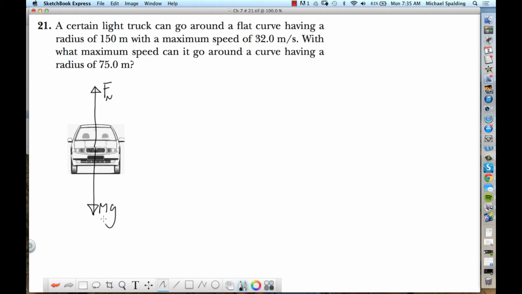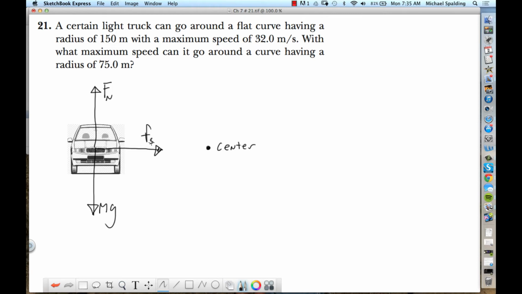All right, and then there's one more. Friction. So here's the center of the circle, let's say. So over here represents the center of the circular path. There is a frictional force pointing to the center, and it's actually static friction.